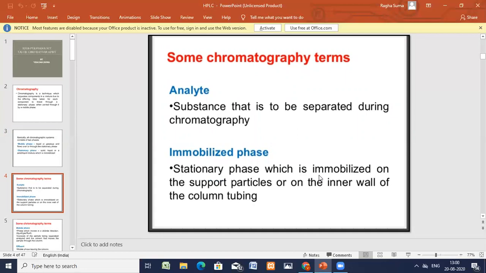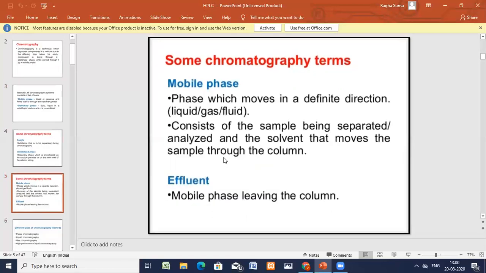The substance to be separated during chromatography, the one which we are analyzing, is called the analyte. The stationary phase which is immobilized on support particles or on the inner walls of the column tubing is called the immobilized phase. Taking the support particles in the column and treating them with some solvent gives the immobilized phase, called the stationary phase.